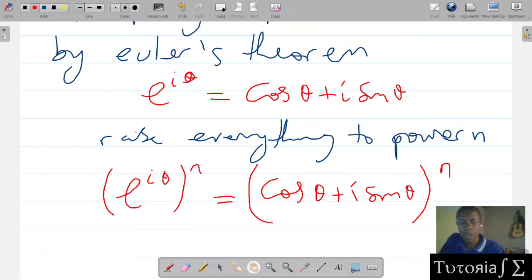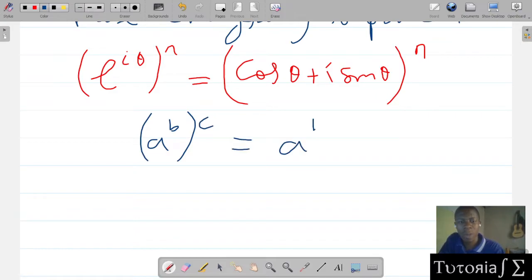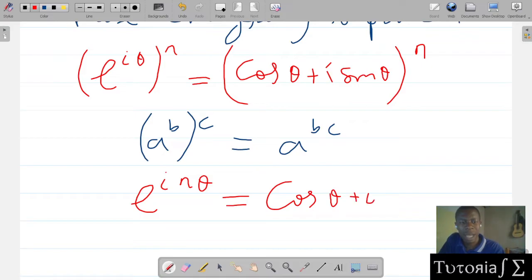Okay, so this is what we have, and we know by exponential rules, a to the power b to the power c is equal to a to the power b times c. So meaning that Euler's formula can now be written as e to the i n theta is equal to cos theta plus i sine theta raised to the power n.